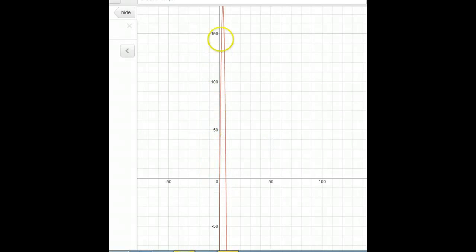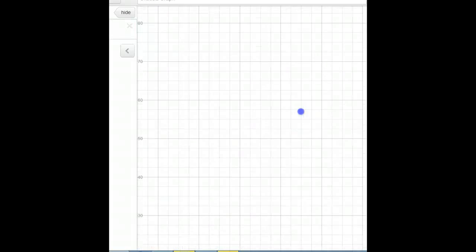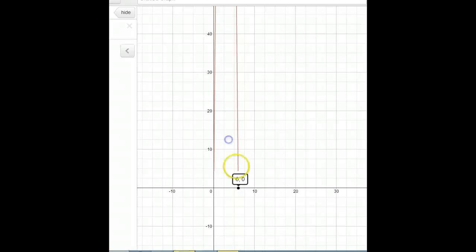So our rocket takes off, obtains a maximum height of 180 meters in 3 seconds, and it hits the ground here, or the water, back at 6 seconds. So there.